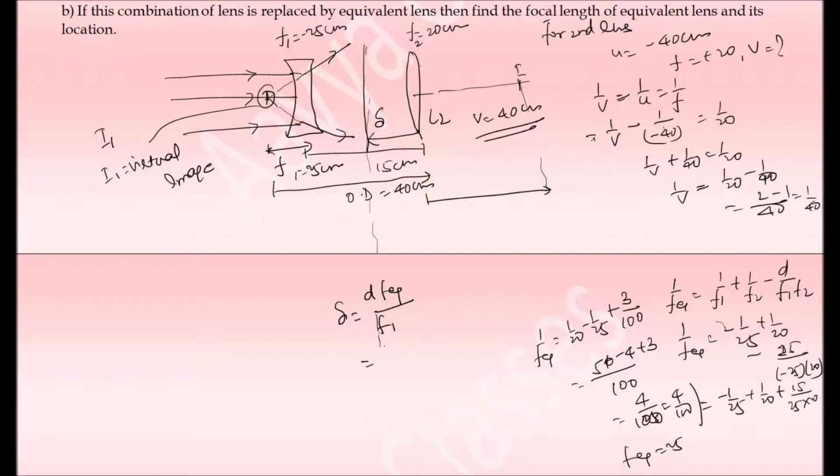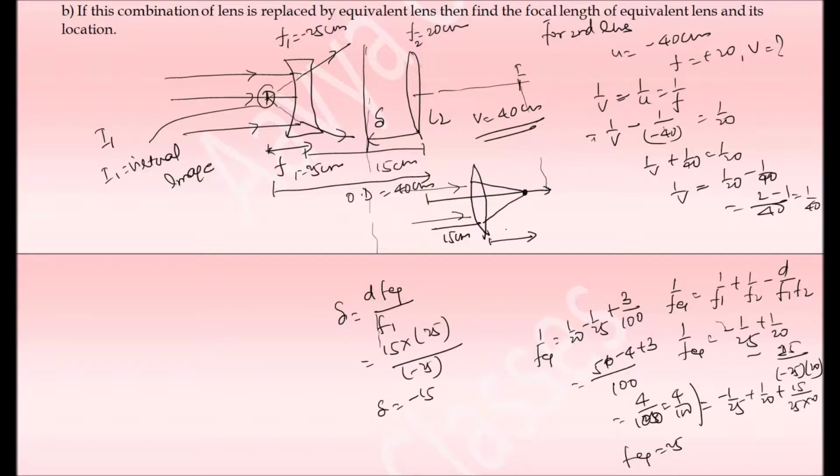So delta is equal to 15 into f equivalent, which is 25, and f1 is minus 25. So we get delta is equal to minus 15. So the placing of the equivalent lens will be 15 centimeter from the second lens. That is, we have to place the equivalent lens at this point, and this distance is 15 centimeter.